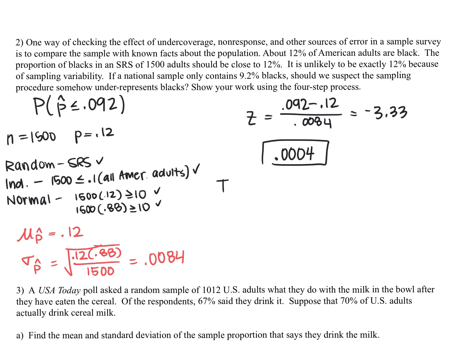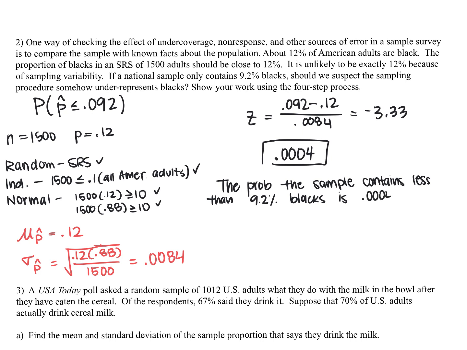So that tells us that the probability the sample contains less than 9.2% Blacks is 0.0004.